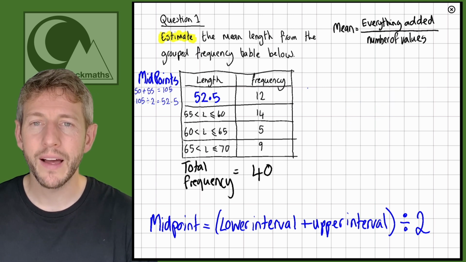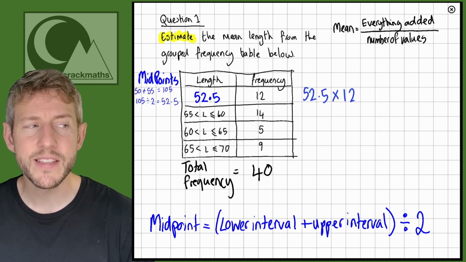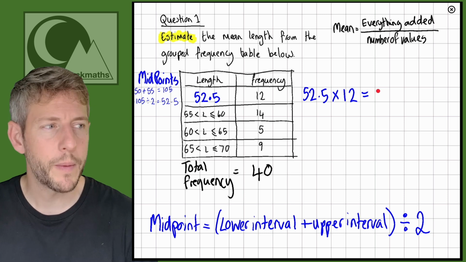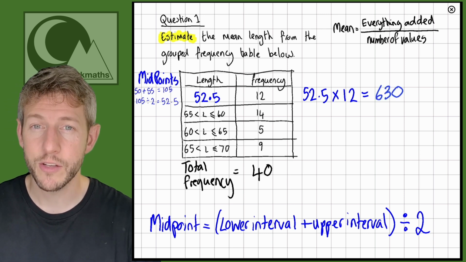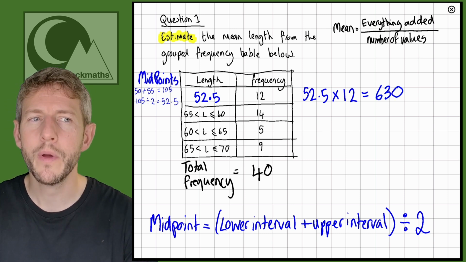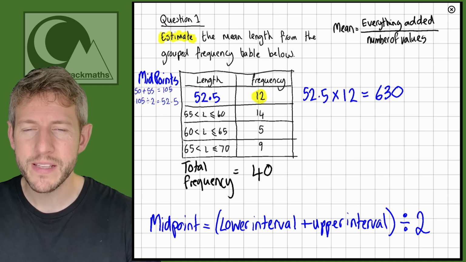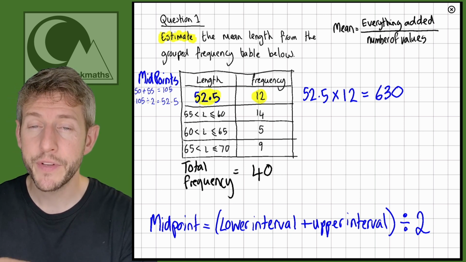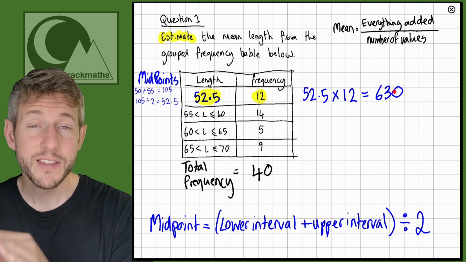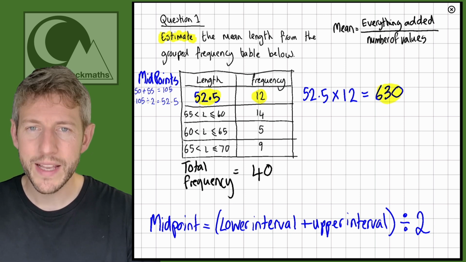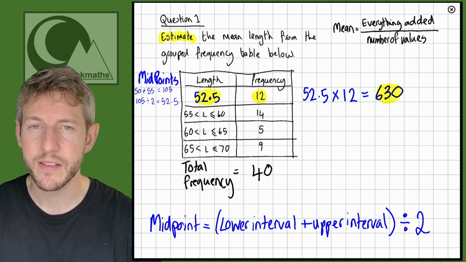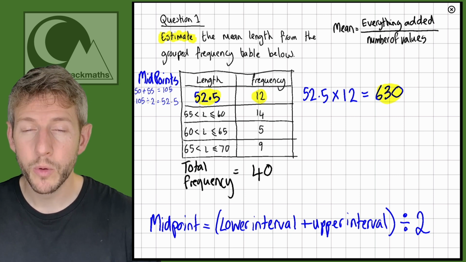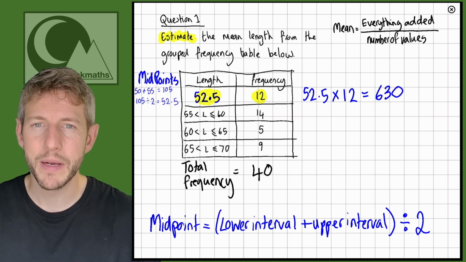I'm going to put that next to the row here, and that equals 630. So those 12 pieces of data that are all estimated at being 52.5 millimeters together add up to 630 millimeters. Those 12 people equate to 630 millimeters.